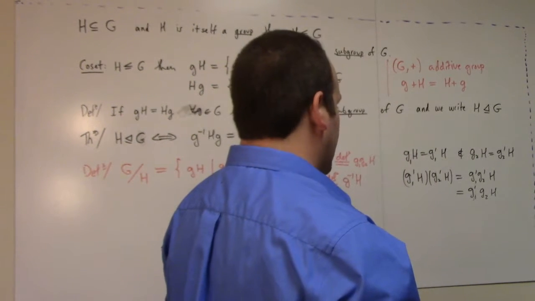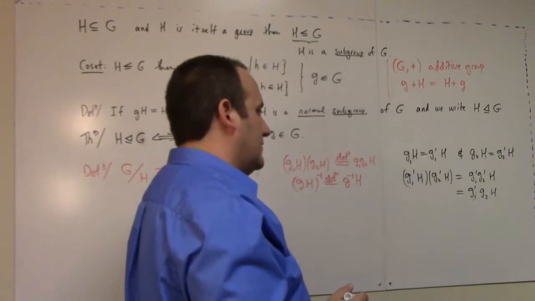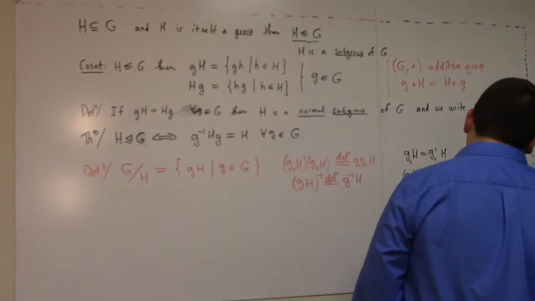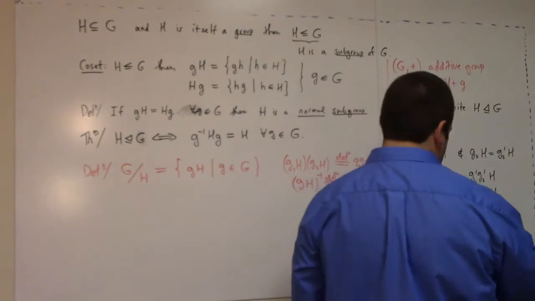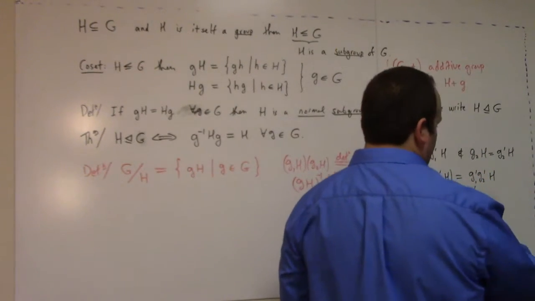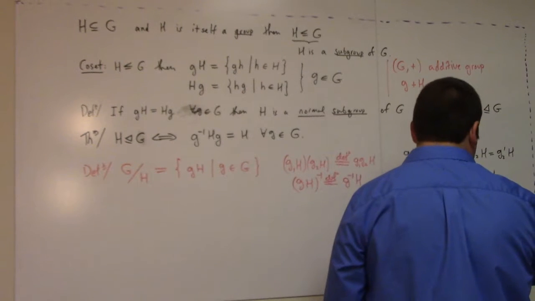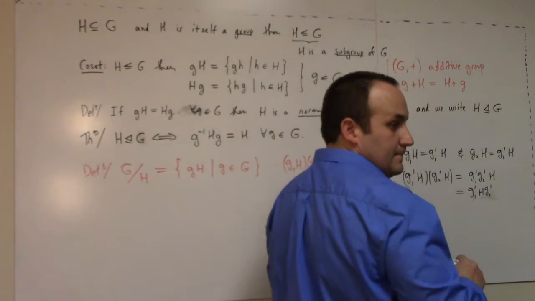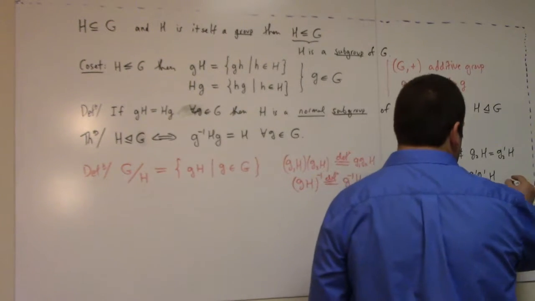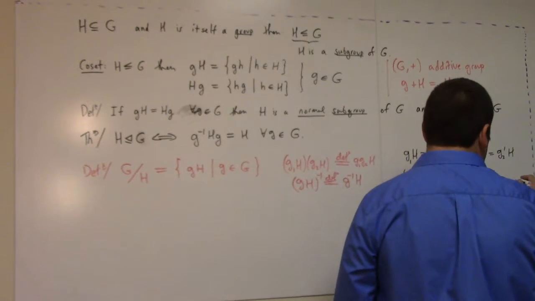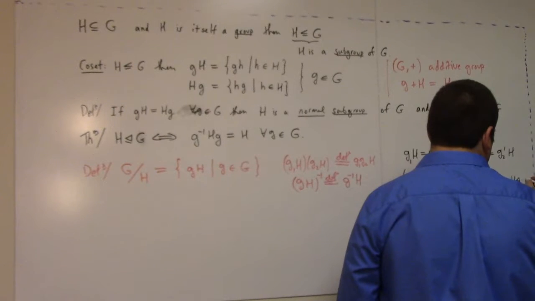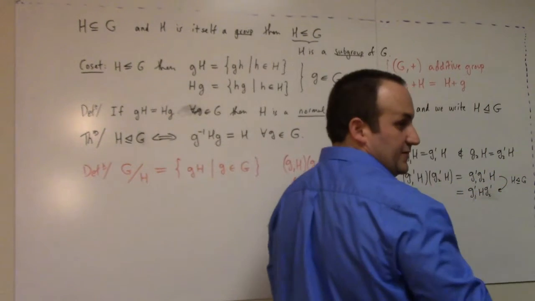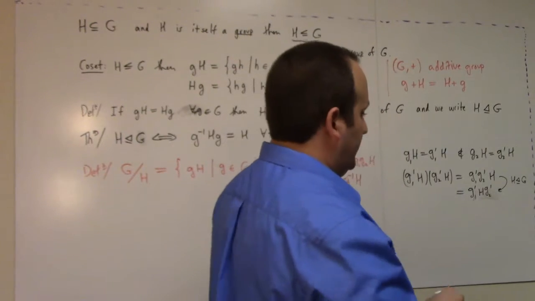You have to use the normality. I'm only using the left property right now. Oh, sorry. So I'll also suppose that the group is normal. Let me try this again. First use the normality, which is that g2'H is actually Hg2', right? If H is normal, then g2'H is equal to Hg2', because the left and right cosets are equal.